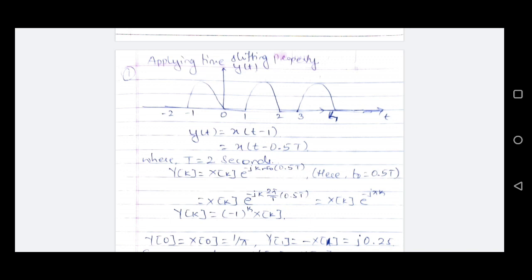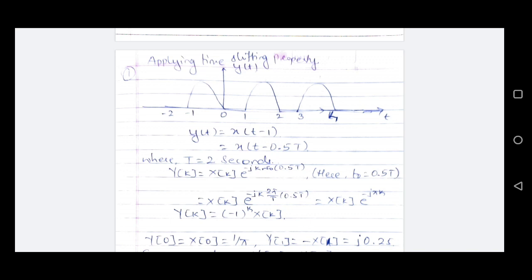In place of t naught, we'll be using the time shift, which is 0.5 multiplied by capital T. And we know that fundamental frequency omega naught is 2 pi divided by T. Using this result in the exponential, T in the numerator and denominator will cancel out, and 0.5 times 2 pi is pi. So the Fourier series coefficients for the time shifted signal y of t will be x of k multiplied by e to the power minus j pi k.